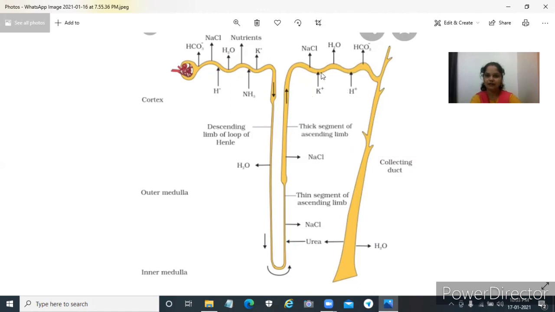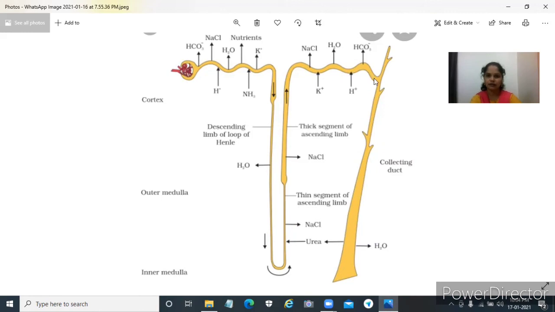So inside the DCT and the CT, waste materials like creatinine, K+ ions as well as H+ ions are actively secreted, and they concentrate the urine, meaning they change the alkaline urine to acidic urine inside the lumen of the DCT and the CT, the collecting tubule.